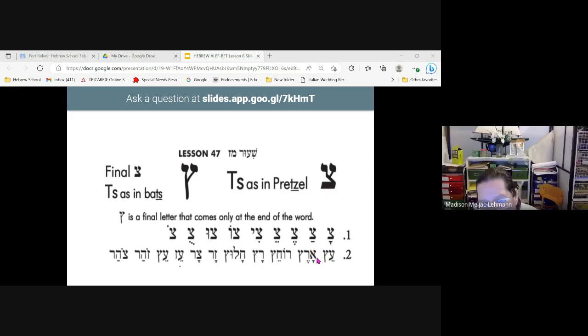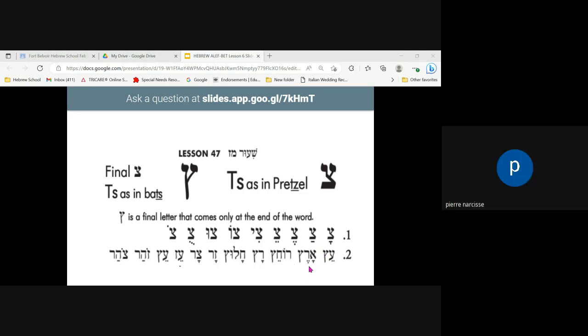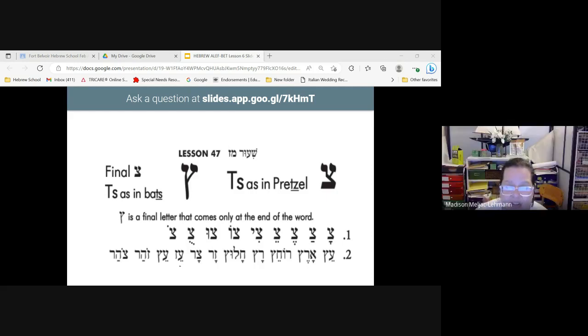So we have "rates," right? So there's erets and there's rates. So we don't sound off the H. I'm not seeing an H. So we have the aleph. The aleph makes no sound.